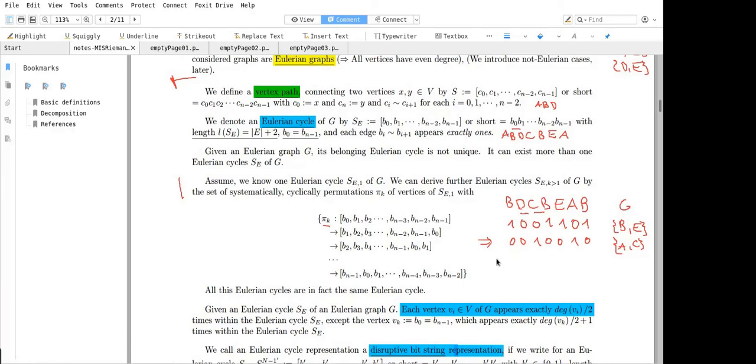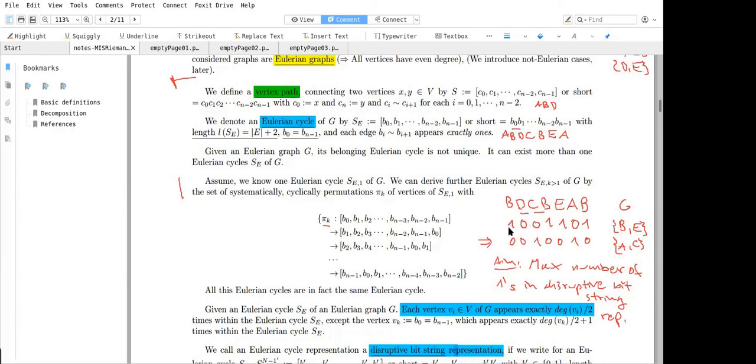So the aim: maximize the number of ones in a disruptive bitstring representation. What we have to care about is that, of course, a 1 is only counted once.